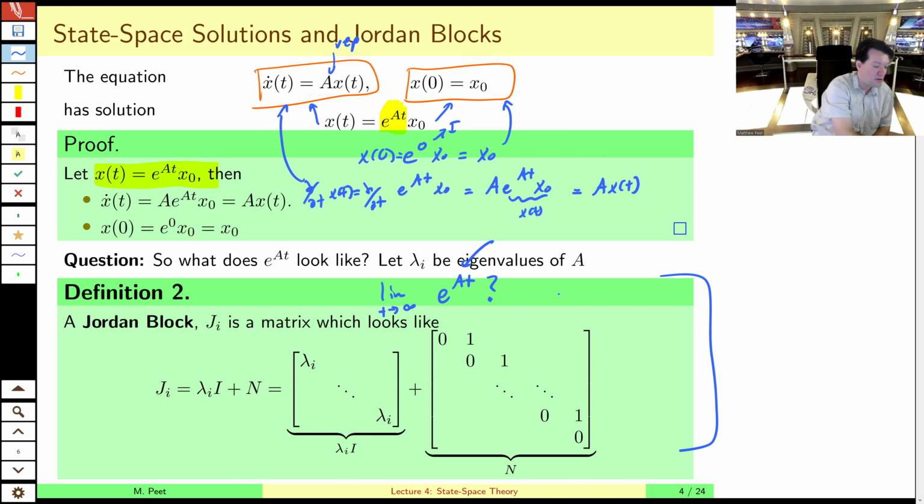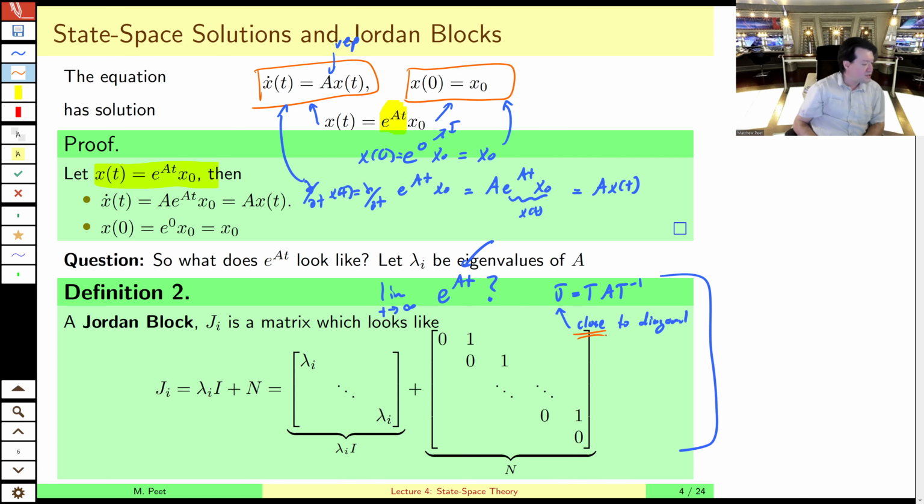So we want a coordinate transformation such that J equals T A T inverse, where J is as close to being diagonal as possible. So what do I mean by close to a diagonal?